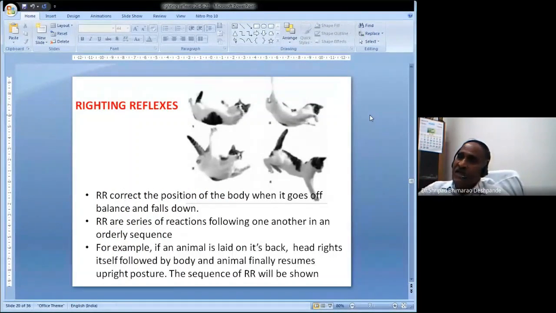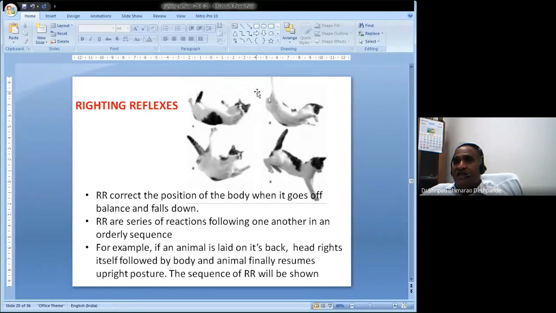Having considered the righting reflexes, we now consider the same cat falling from a different perspective. The righting reflexes correct the position of the body when it goes off balance. Now it is falling. A series of reactions follow one another in an orderly sequence in this cat.